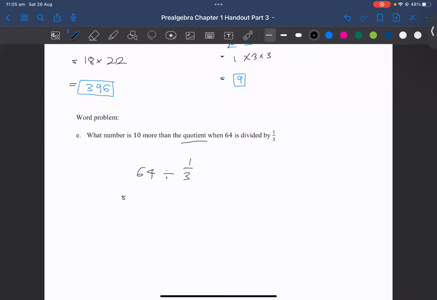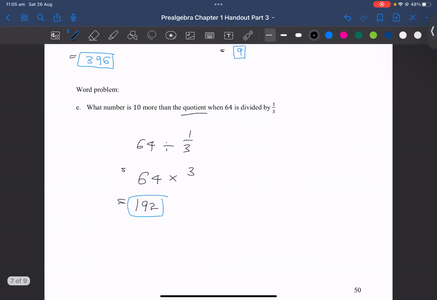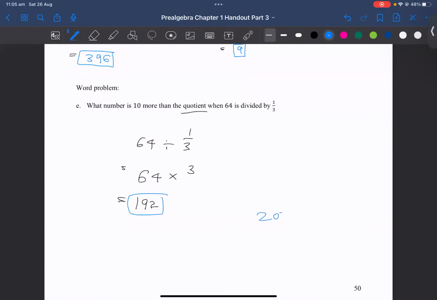Anyone? 64 times 3 equals 192. Right, but is that our answer though? No. What do we need to do now? Add 10, which is 202. That's the final answer.